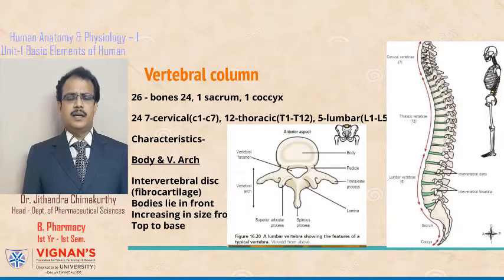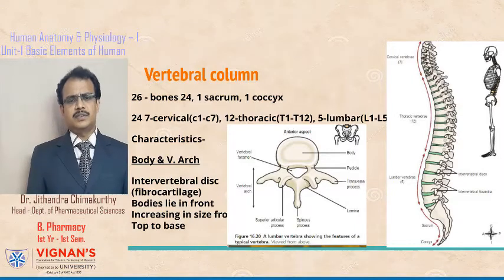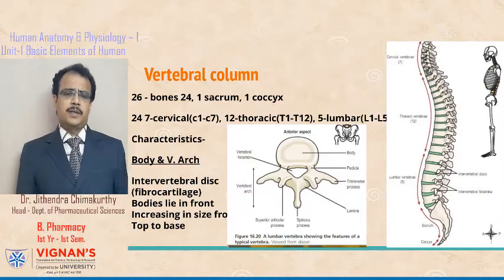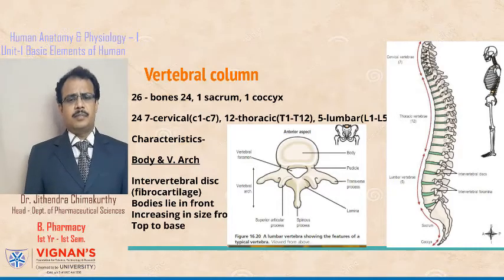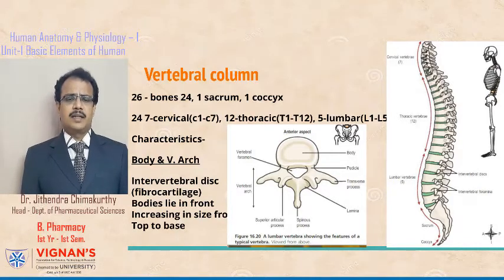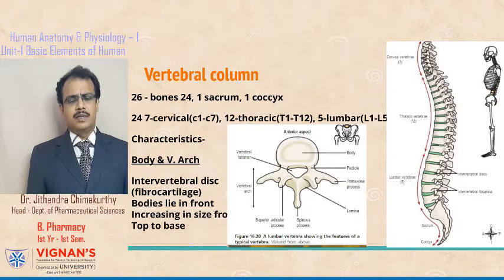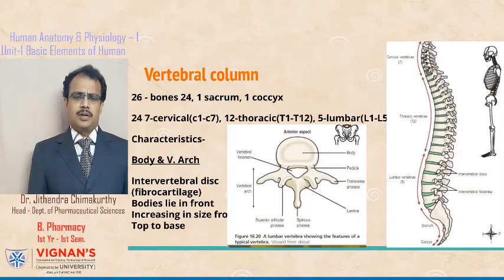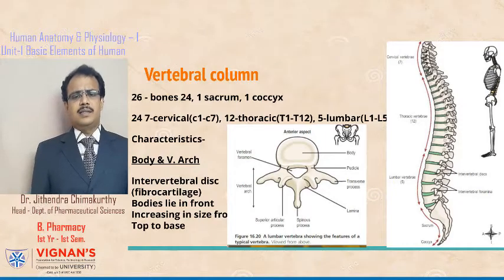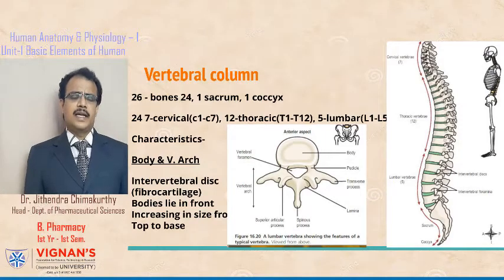These vertebrae are divided into different regions and they are named accordingly. The first 7 vertebrae are classified as cervical spine, called cervical vertebrae, and they are numbered from C1 to C7, whereas the next 12 vertebrae are called thoracic vertebrae and they are numbered from T1 to T12, and the next 5 vertebrae are called lumbar vertebrae and these are numbered from L1 to L5.